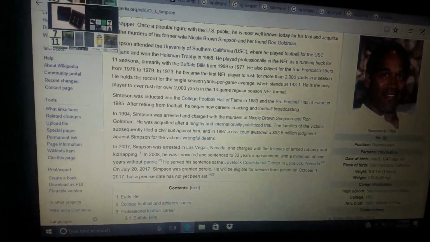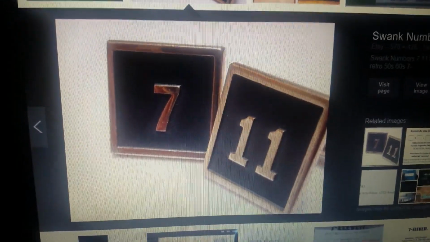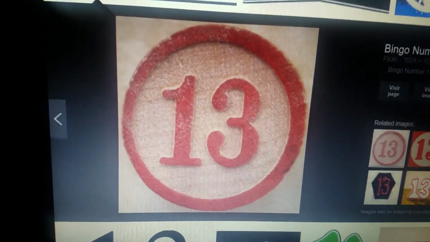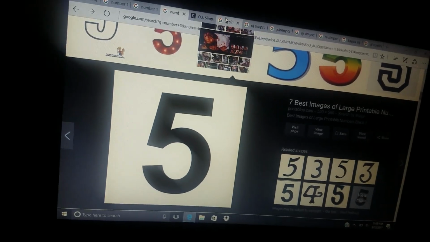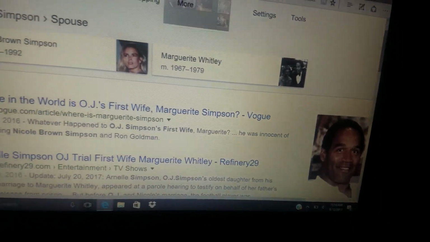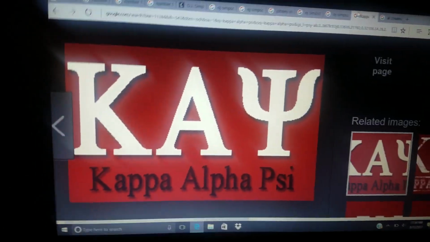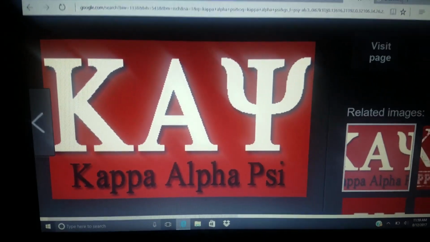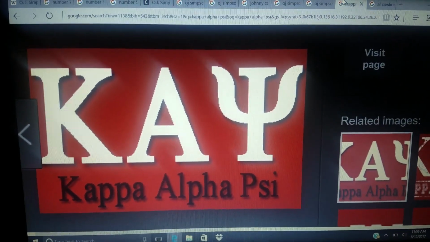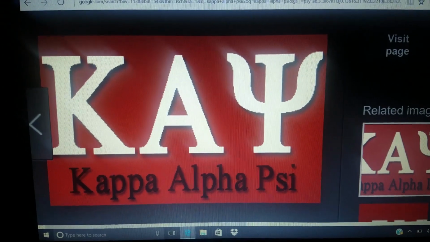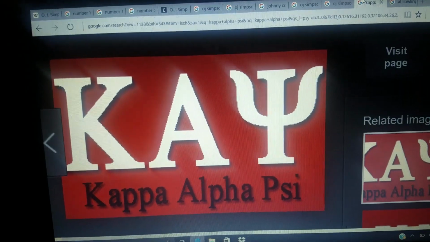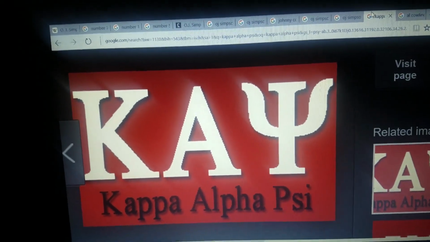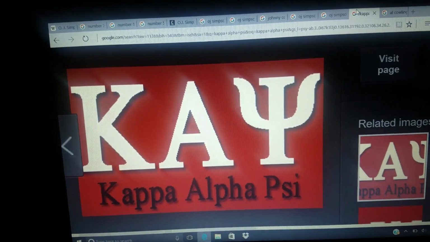Super Bowl 52 is going to tie in to the 7-Eleven connection, the 13 connection, and the 5 connection. That's all the information I'm going to give out on that. This O.J. Simpson trial is a hoax that goes back to the Kappa Alpha Psi fraternity, and it's going to tie in deeply to the Super Bowl 52 outcome.